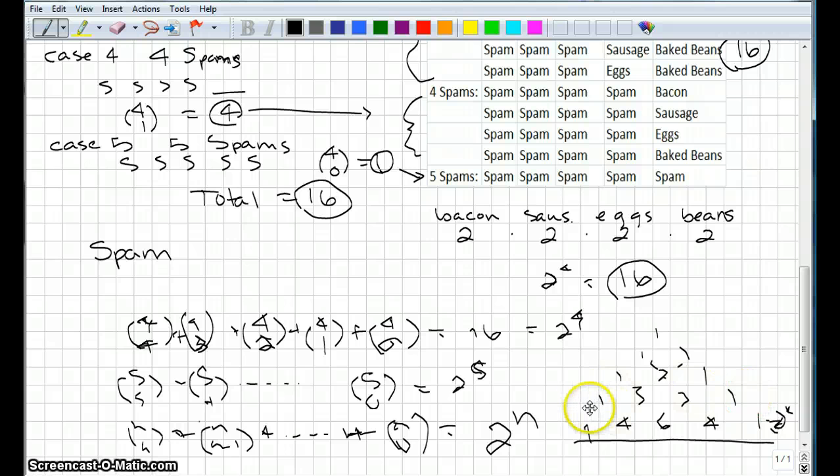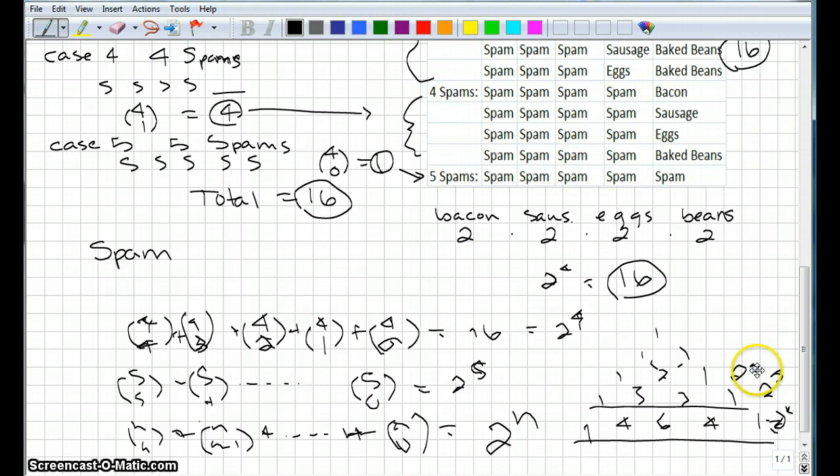And if we sum the row above, we get 2 cubed, because 1 plus 3 plus 3 plus 1 is 8. Same thing for this one: 1 plus 2 plus 1 is 4, which is 2 squared.